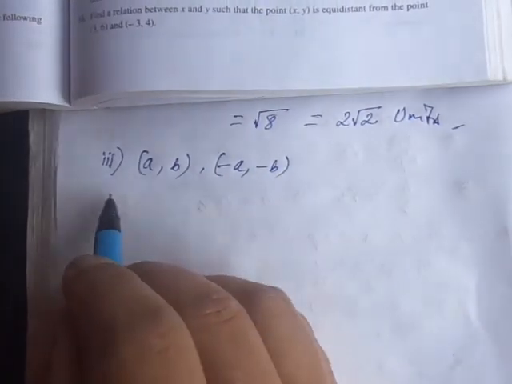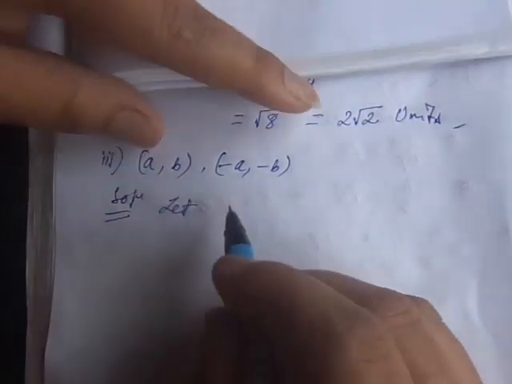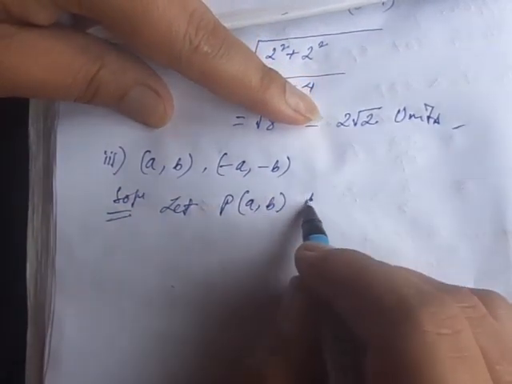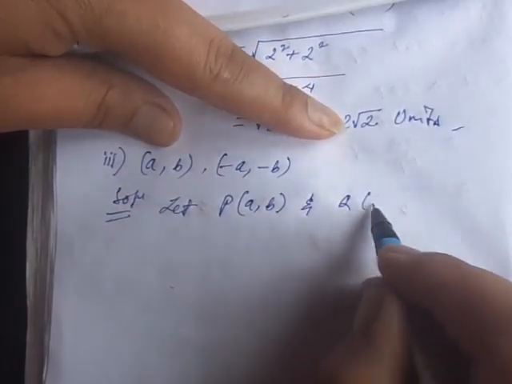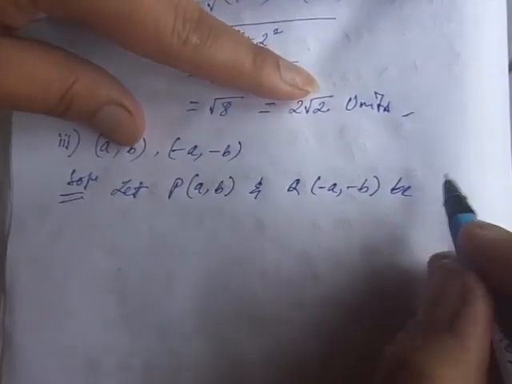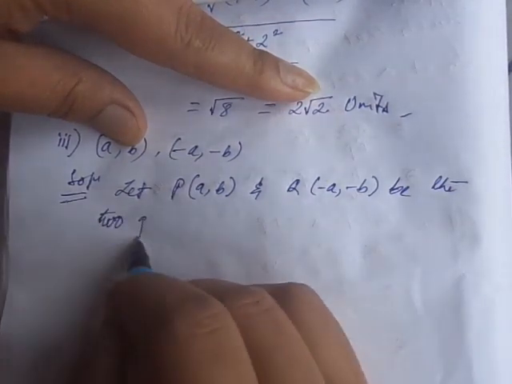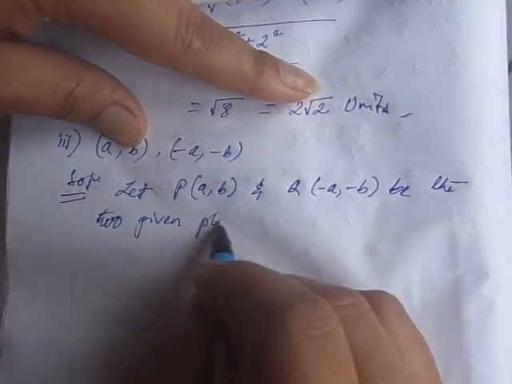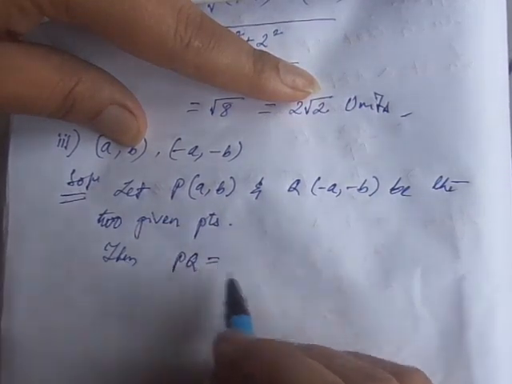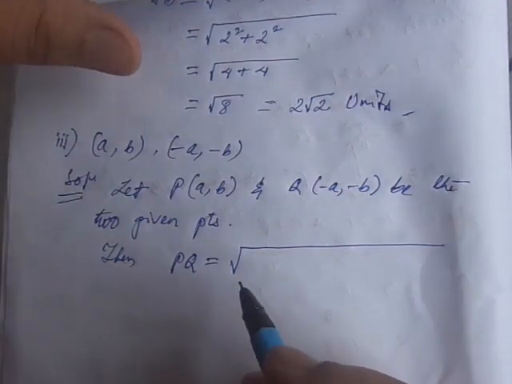Like before, this time I'll say P (a, b) and Q (minus a, minus b) be the given points.